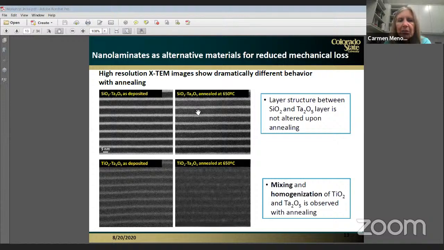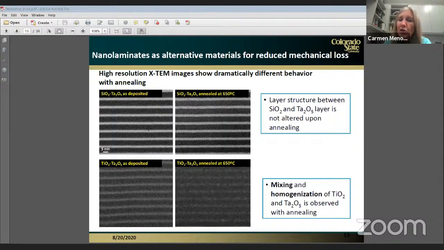And here we have the same for silicon dioxide, tantalum pentoxide. And this is the same structure, annealed at 650 degrees. Then down here we have nanolaminates of titanium dioxide and tantalum pentoxide as deposited, and then when we anneal.